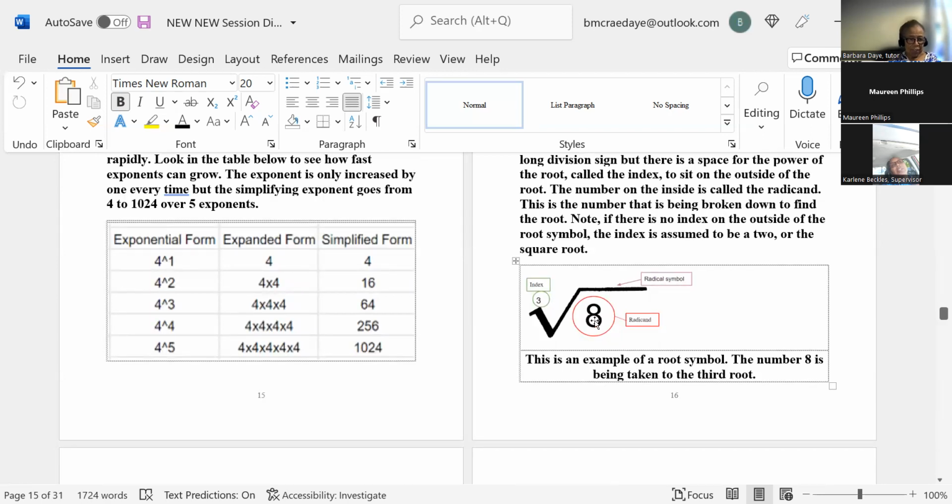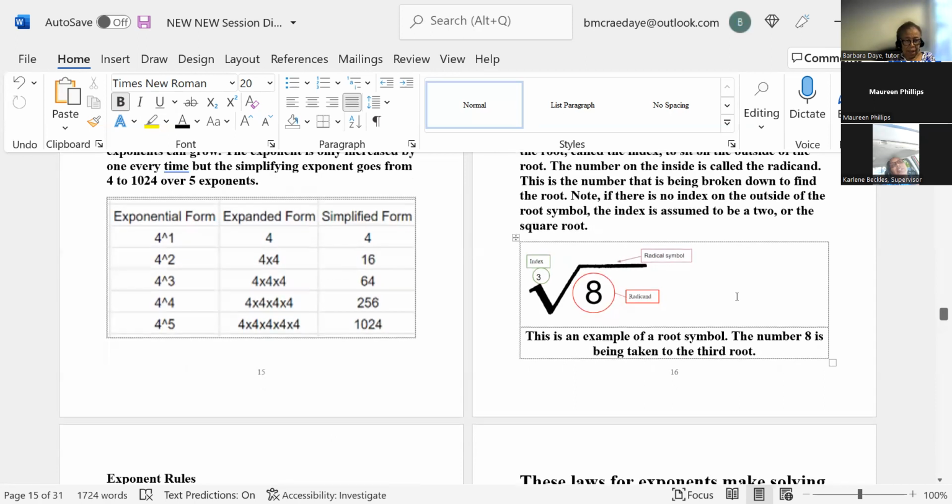So if the radicand is an 8 and the index is 3, then the root is the number multiplied by itself 3 times to give you 8. That number is 2, right? If you don't see anything there, it means 2, the square root. The symbol we use does not have this line, we just use this part of it, and that represents the radical also, and we put the radicand in it.